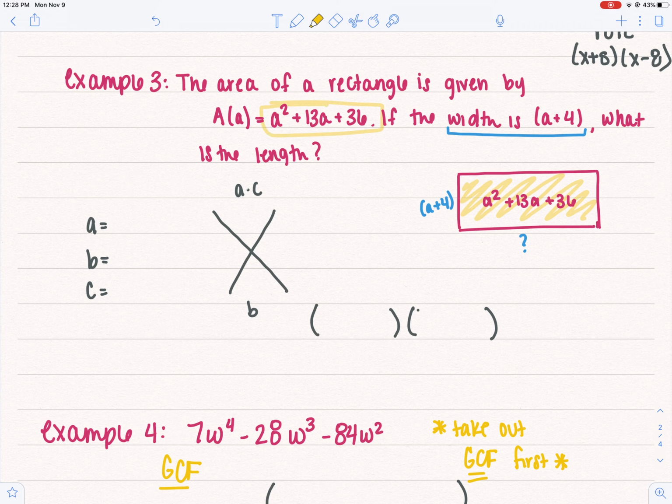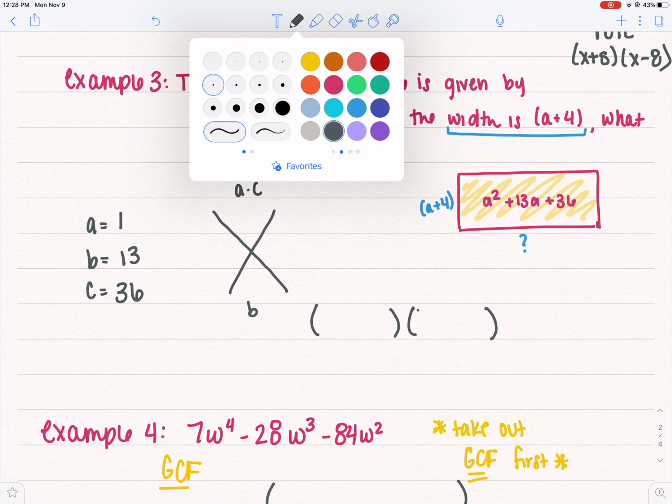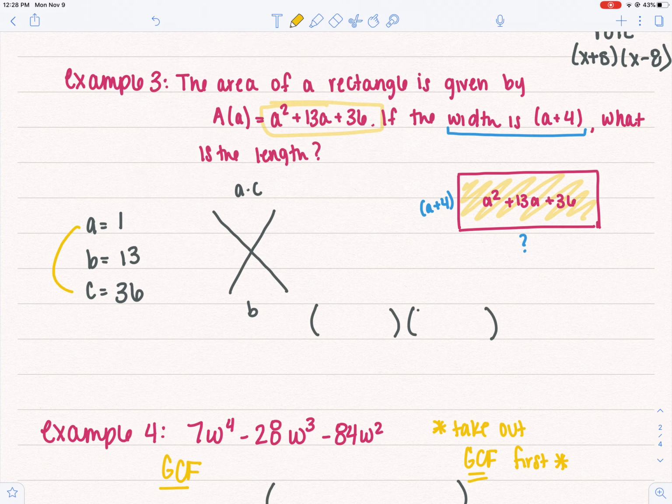A, B, and C. A is 1, B is 13, and C is 36. So I'm going to fill in my triangle, or my X. A times C is 36, and B is 13. So what I'm doing is I'm going to list off all the factors of 36. So everything that multiplies to 36.